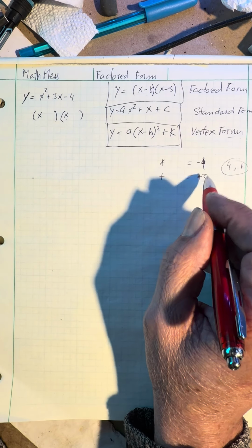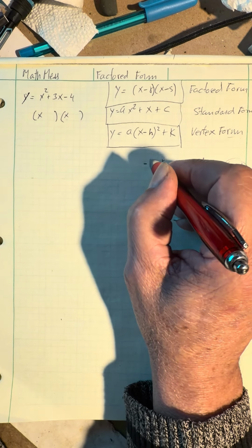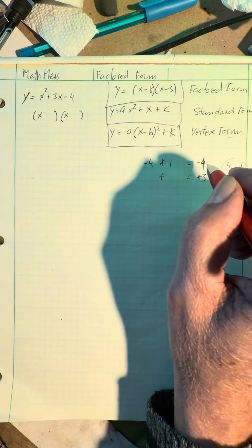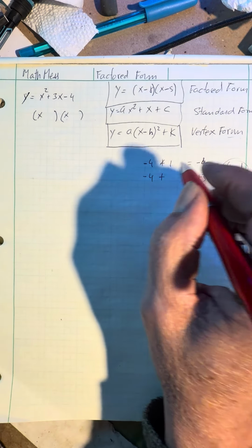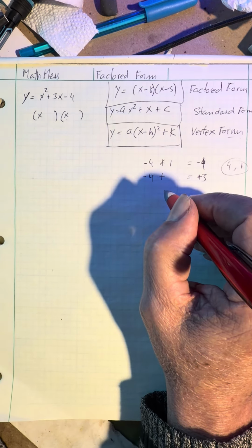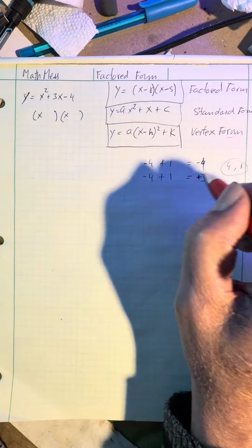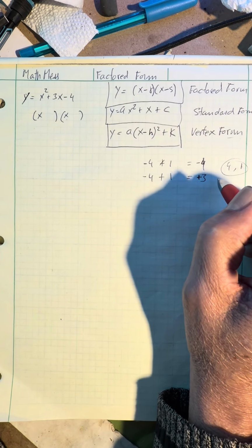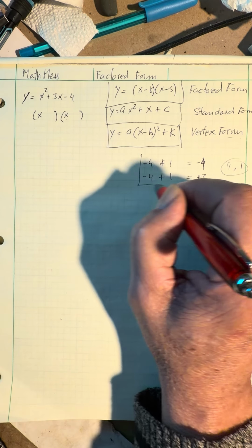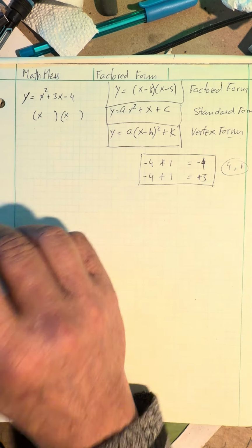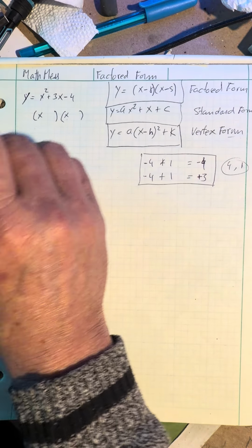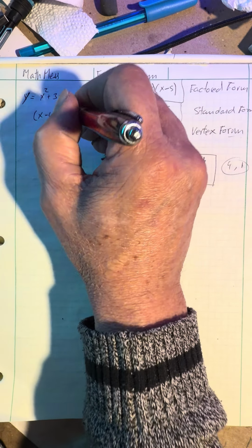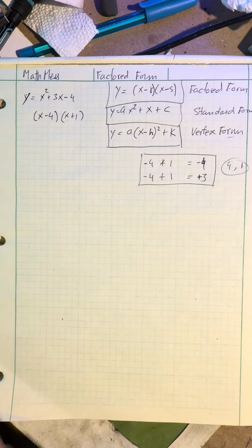So minus 4 times 1 is minus 4, and minus 4 plus 1 is minus 3, plus 3. So those are the factors. We put them in here: x minus 4 and x plus 1, and that's basically the solution.